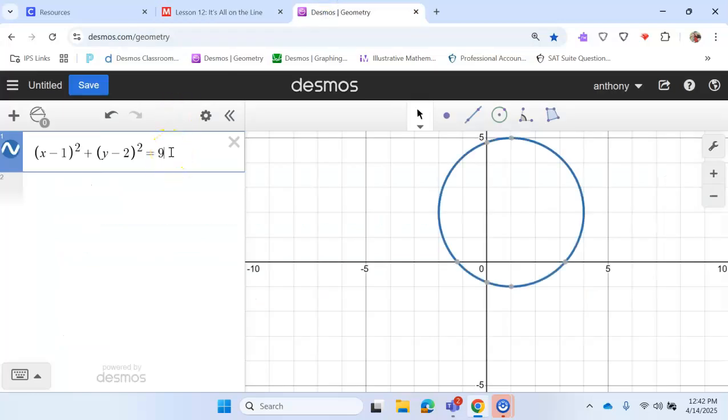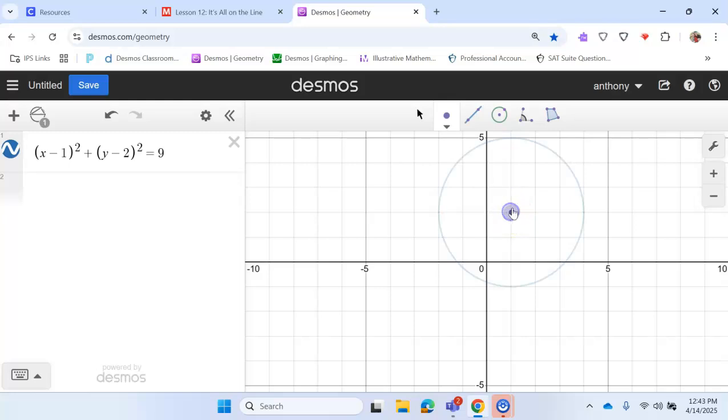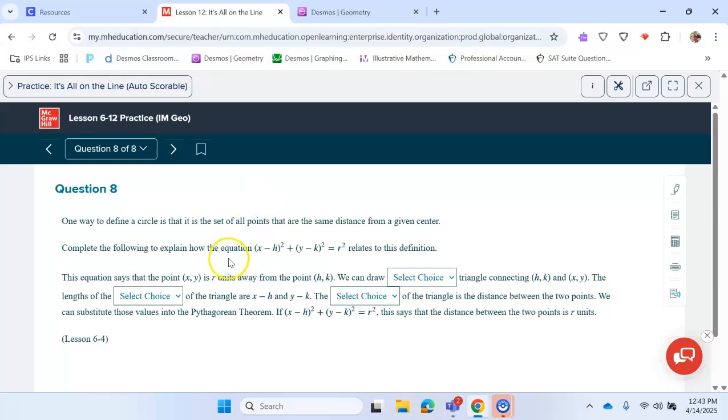You can see that circle there. This circle should have a center at (1, 2). This equation says that the point (x, y) is r units away from the point (h, k). We can draw a right triangle connecting (h, k) and (x, y).